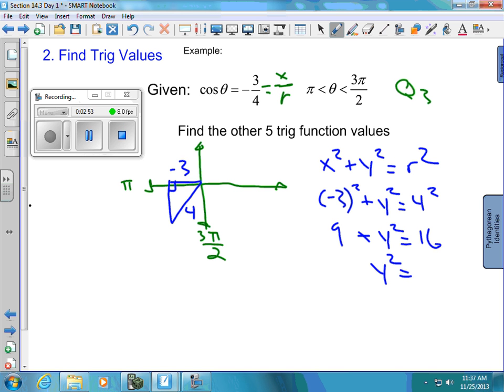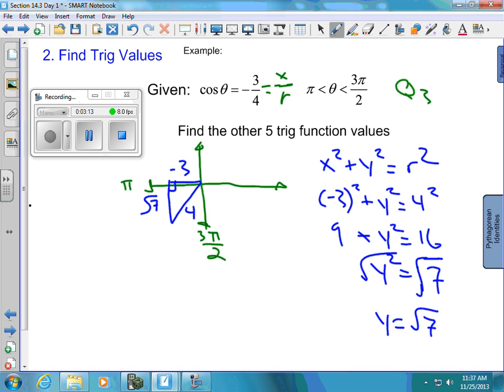Y squared equals 7, since 16 minus 9 is 7. So y is the square root of 7.